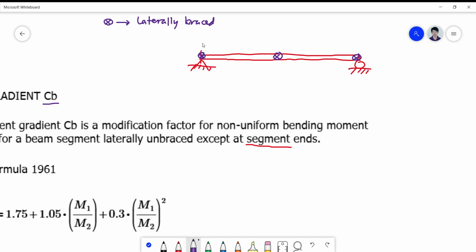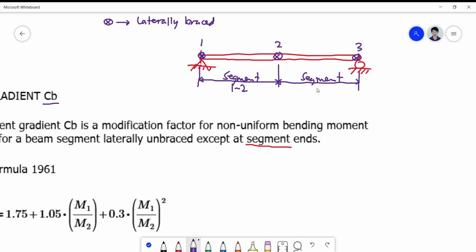Say if I define these brace points as 1, 2, and 3, I may consider this as my segment 1-2, and this is segment 2-3.